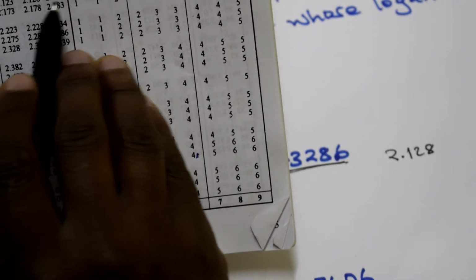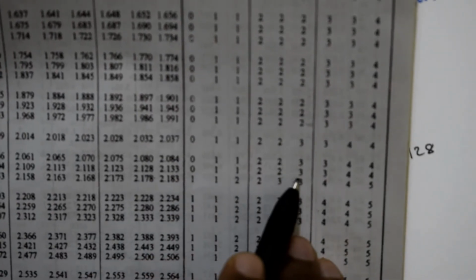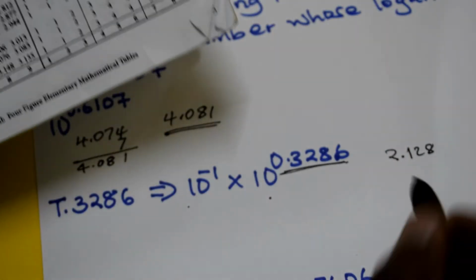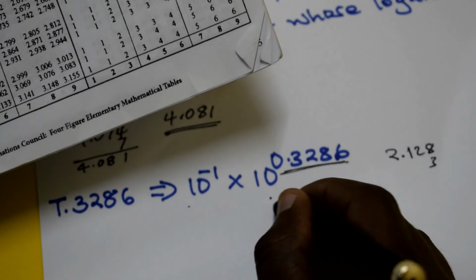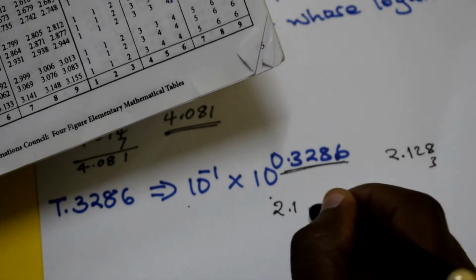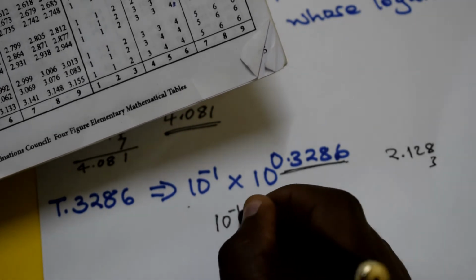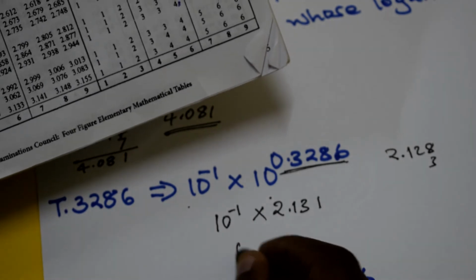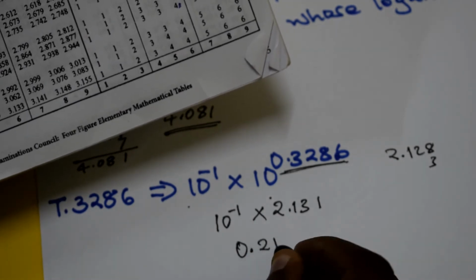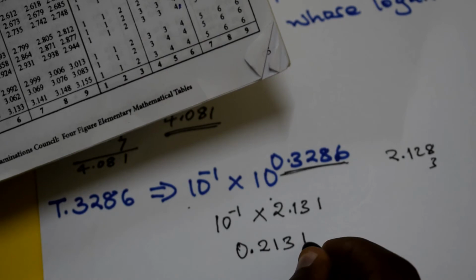Then we have 6, and 6 we get it from this column of 6, we get 3. So we add 3 to this, so we get 2.131 multiplied by 10 power negative 1, and therefore our number was 0.2131.